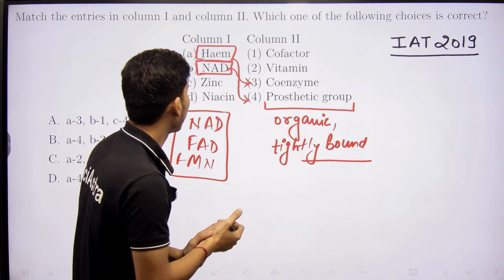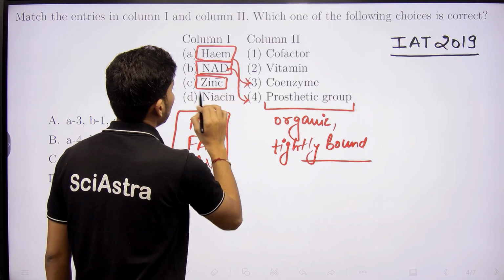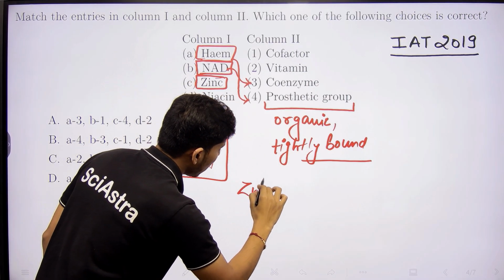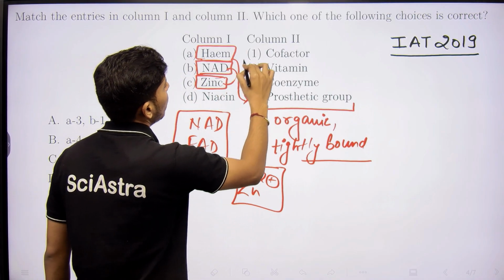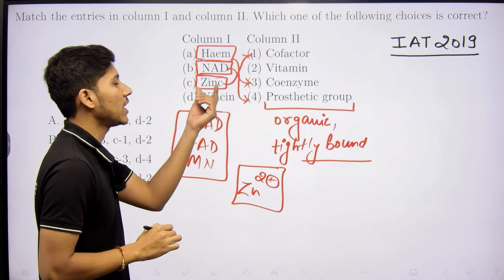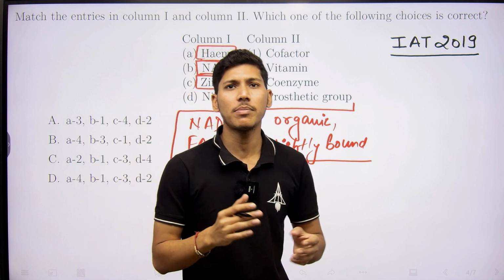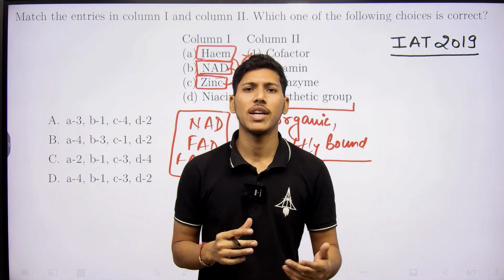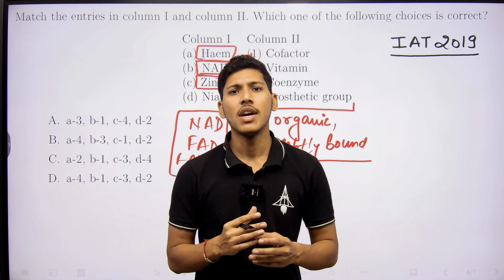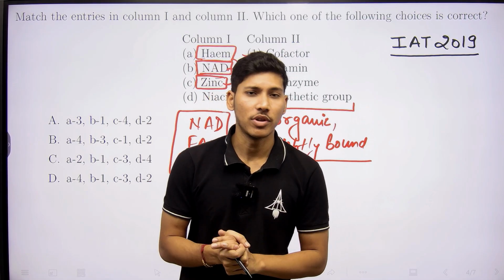Okay. Now next thing, zinc. Zinc, as you all know, Zn2+, is a metal ion, and metal ions come under the category of cofactor. Okay. So zinc is actually a cofactor which is a metal ion present in many of the enzymes like carbonic anhydrase, carboxypeptidase, alcohol dehydrogenase, and there are many more.